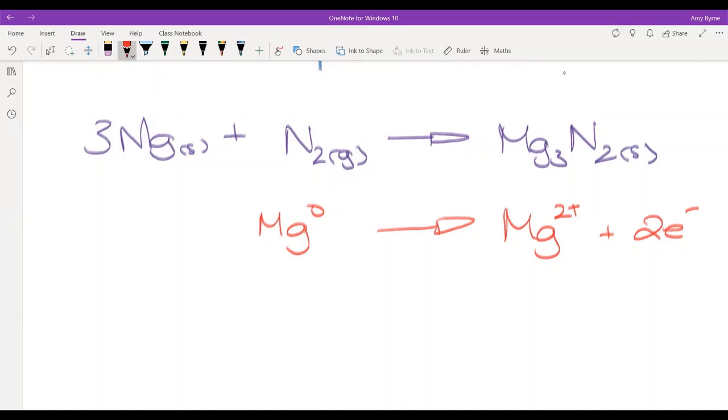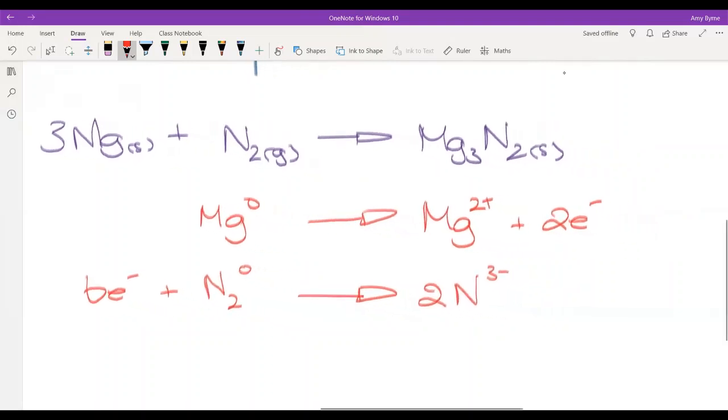On my other side, I have nitrogen atoms that have 0 charge, and they form 2 nitride ions. So again, look at your periodic table. So I have 2 nitride ions, which means I need 6 electrons over on this side to balance that charge.